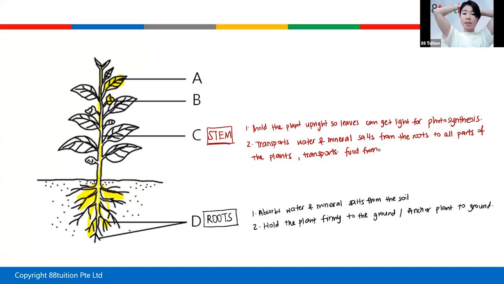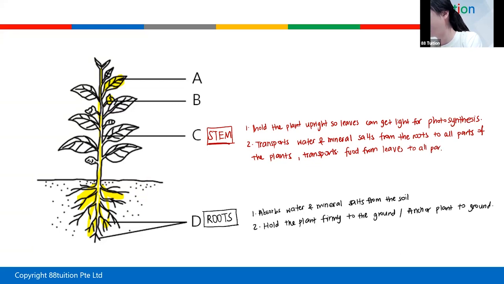One thing, can you please respond? If not, the class is going to drag out. Everybody is waiting. Where is the food made? Leaves. Good. From leaves to all parts of the plant.